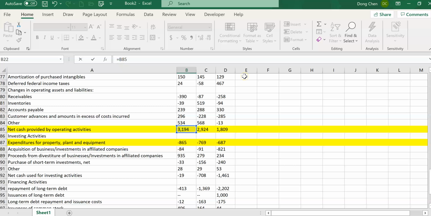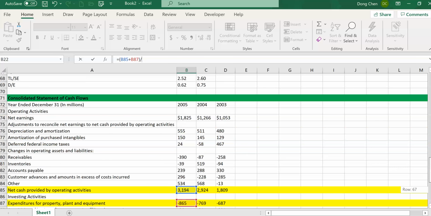Let me open up parentheses here because I need to add this capital expenditure. Again, the reason I add is because here we already included the minus sign into the cash flow. Otherwise, we would need to subtract. All right, so we're done with the numerator.